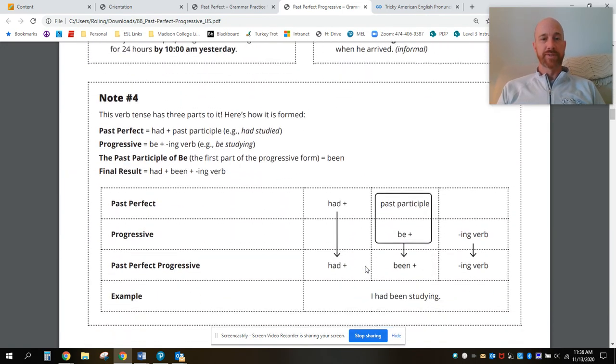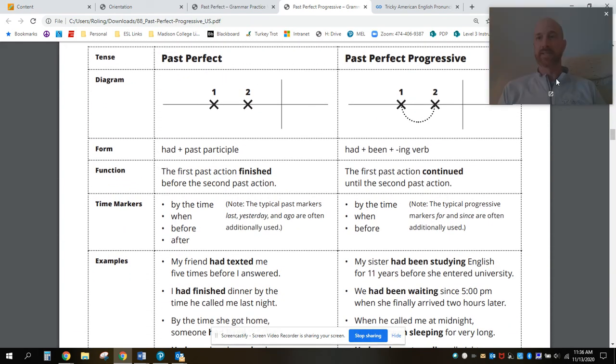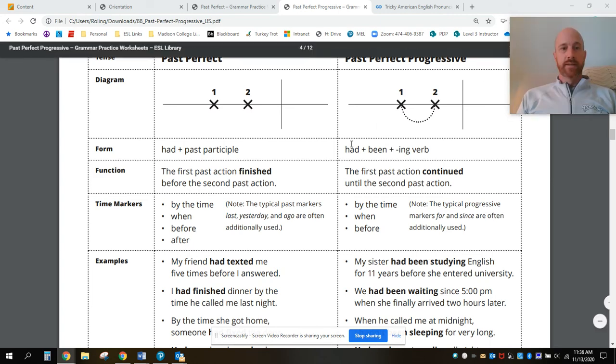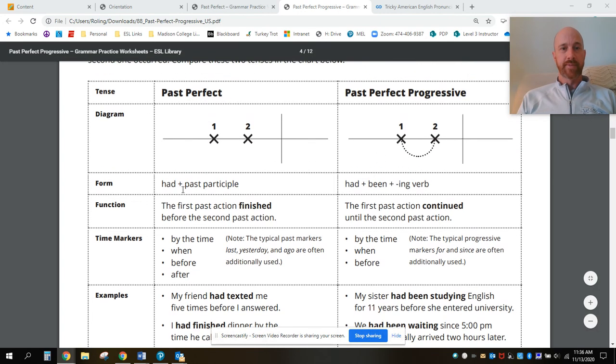I want to scroll down here and look at the two verb tenses side by side. So here we see the past perfect. Again, we form it with had plus the past participle. And so event 1, she had finished her homework by the time the movie started.